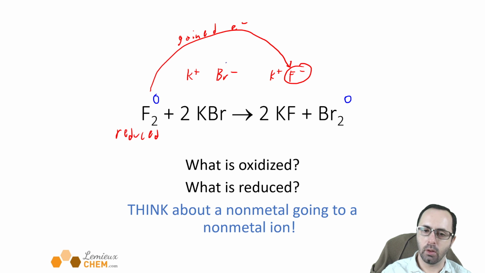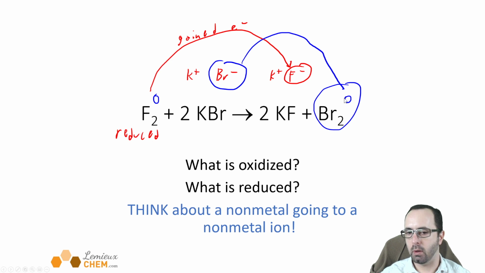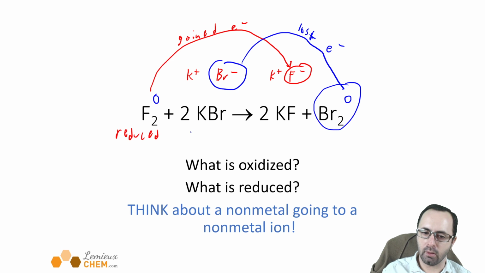Now, the bromide had a -1 charge as an ion, but it went up to 0 charge as bromine, because it was negative and it went up to 0. This happened because it lost electrons. That means it was oxidized.